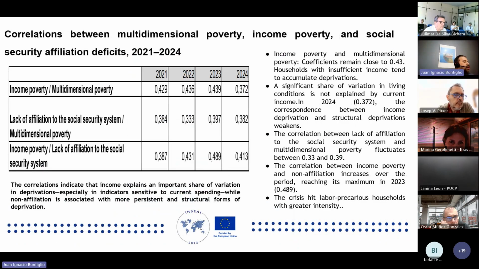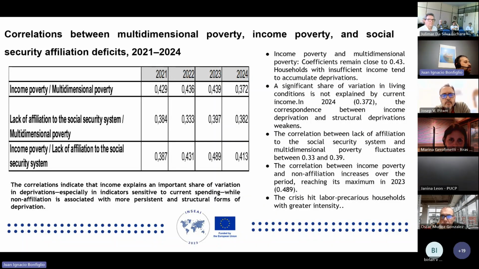The correlation between income poverty and multidimensional poverty is consistent, but far from perfect. It weakens in 2024, precisely when income deterioration becomes more severe. This suggests that income alone does not explain the full variation in non-monetary deprivation. Protective factors may mitigate monetary deprivation, or monetary deprivation may exacerbate its consequences.